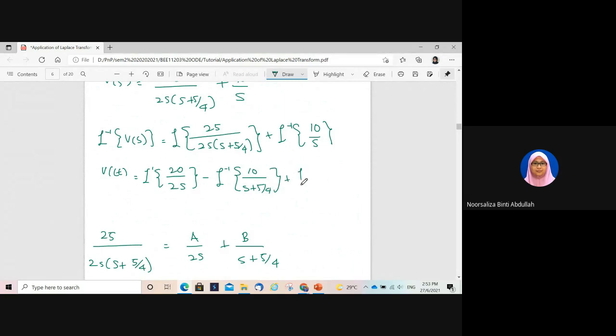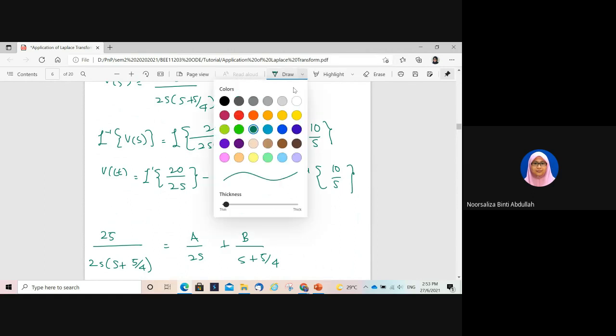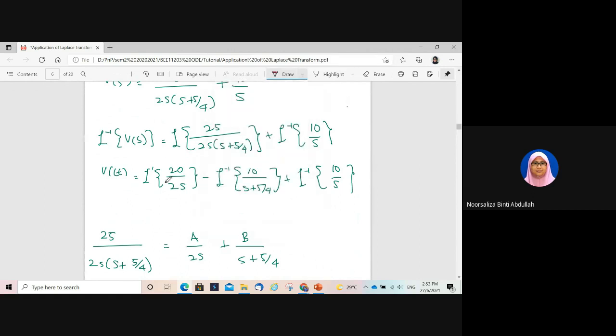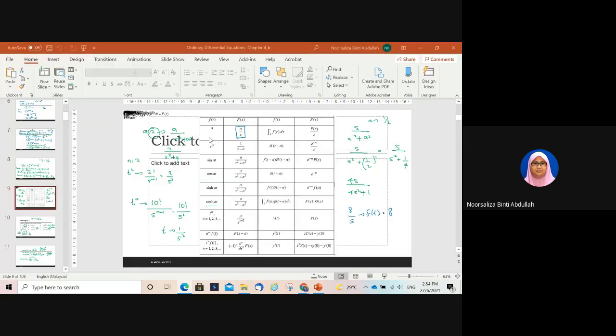Okay, and then inverse for 10 over S. Okay. So inverse for this one kita boleh pemudahkan kan. So this one 10 over S. So inverse for 10 over S is actually you refer dekat table.